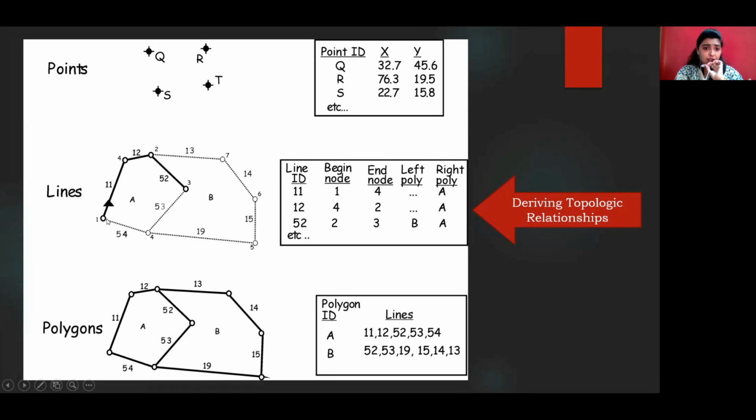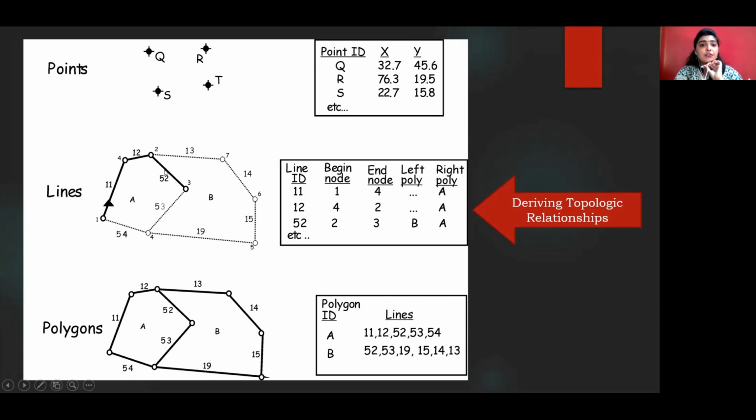You have your points over here, and you have the begin node, you have the end node, and then you have the left and the right polygon. So for my line 11, if I want to derive the relationship between a line and a polygon here, the right hand side polygon becomes A, and on the left hand side there is no polygon, so it's left empty.